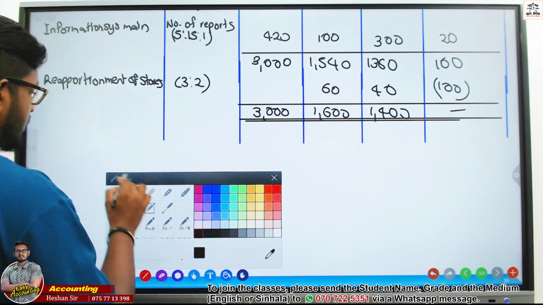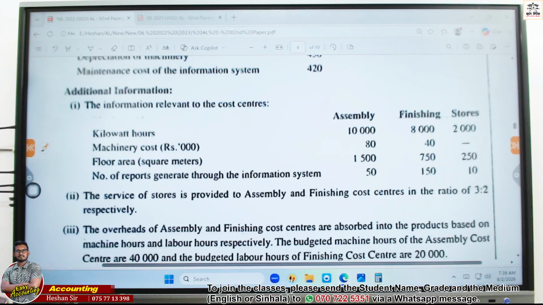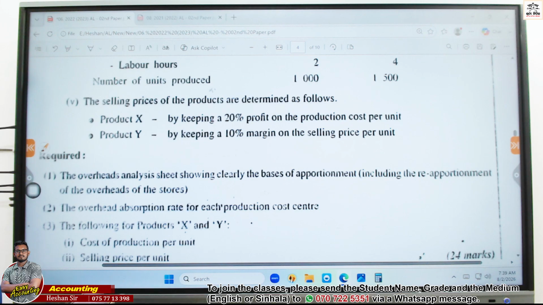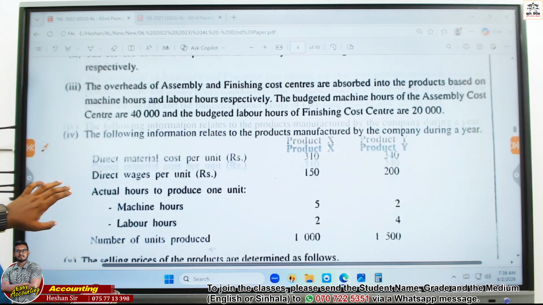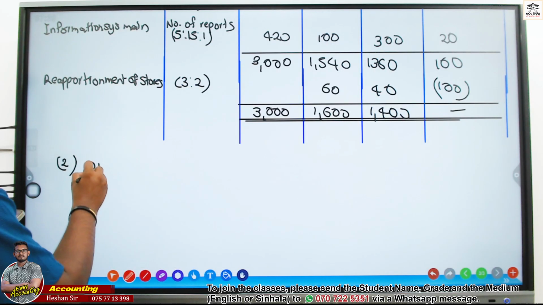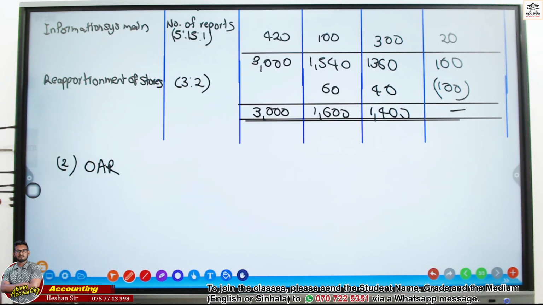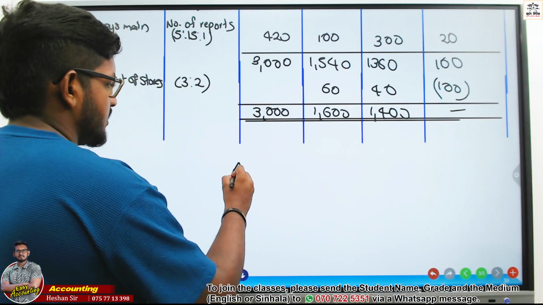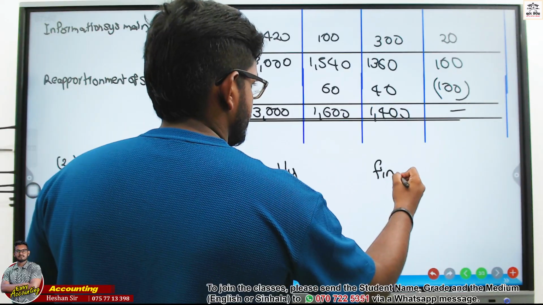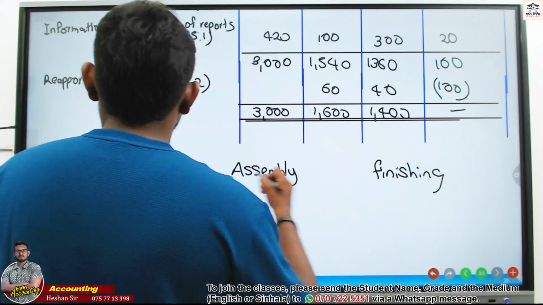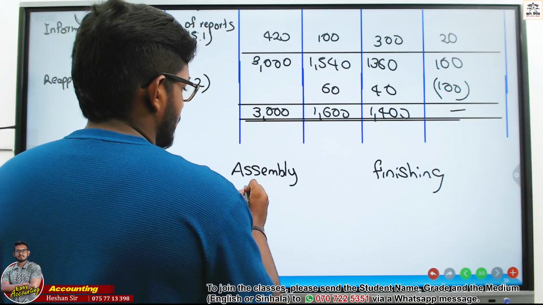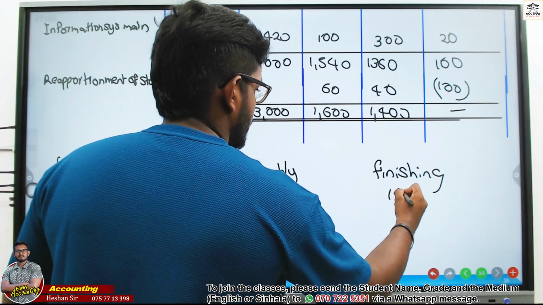Then question number 2, what are they asking? The overhead absorption rates. You have assembly and the finishing. I'm rounding off to thousands. So you can see 1600, 1400.